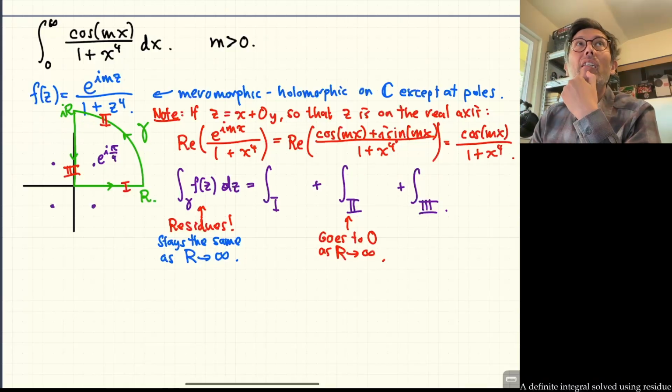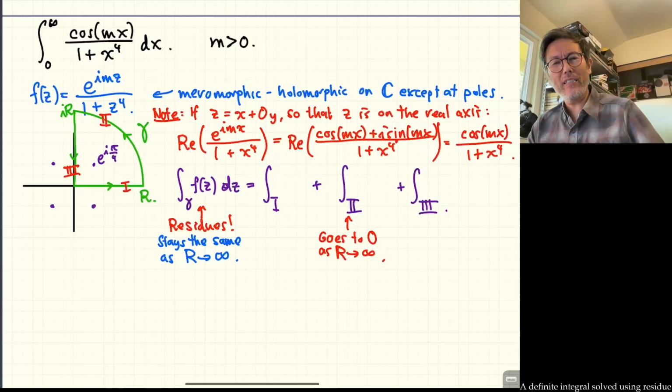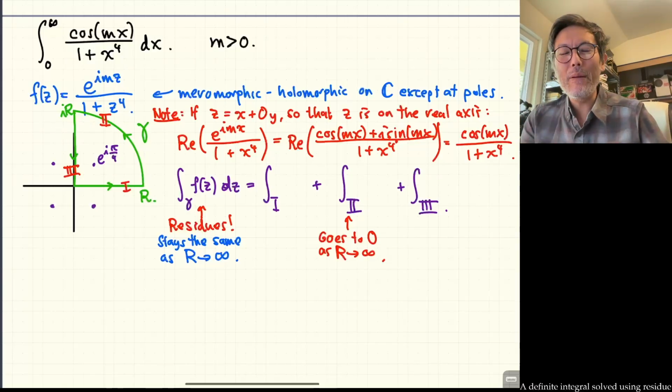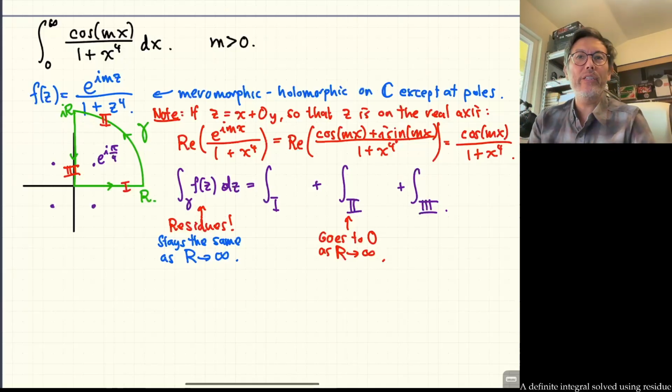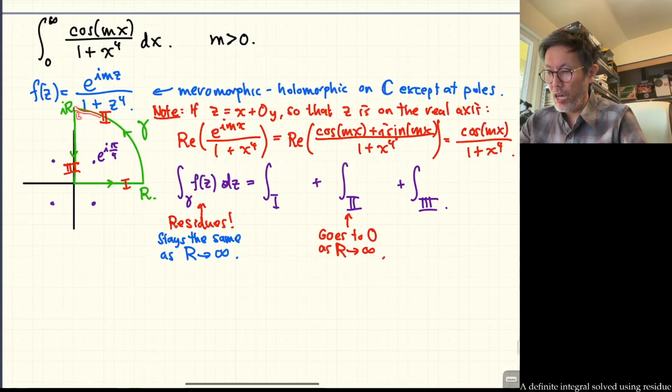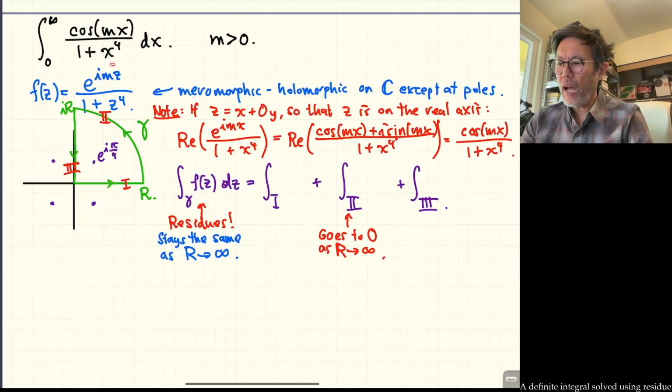Yes, sorry, it's going to be bounded. My intuition is telling me that f of z is going to be bounded for points along this quarter circle arc here. Why? Because I have a keen enough understanding.